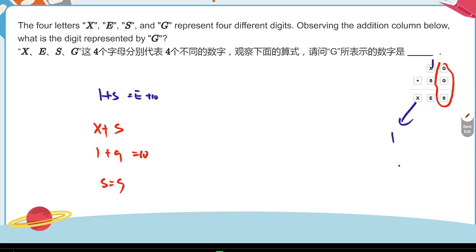If S is 9, it will conflict with the unit place, because for the unit place here, G plus G is S. The sum of two same numbers equal to S means S must be even. 9 is not even here. It's not okay.